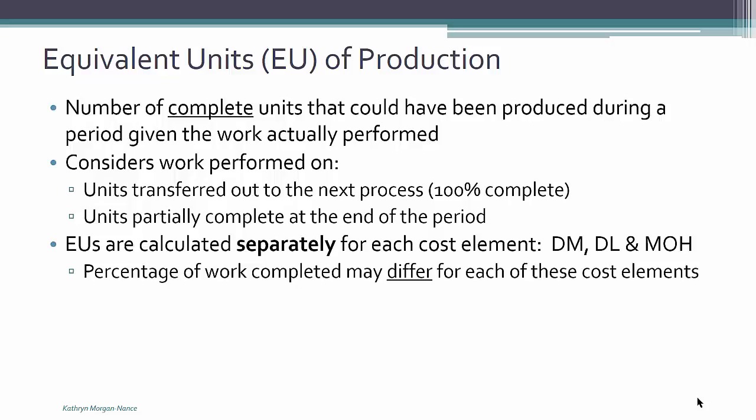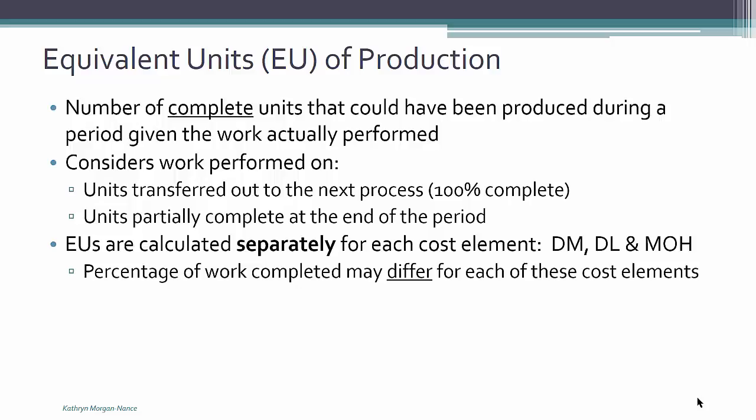Because costs occur in a process at different times, the addition of materials versus labor, for example, equivalent units are calculated separately for each of the cost elements a firm is tracking. Direct material equivalent units are calculated separately from direct labor equivalent units, and some companies combine direct labor and manufacturing overhead into one cost category called conversion cost, because direct labor is relatively a small component of overall cost.